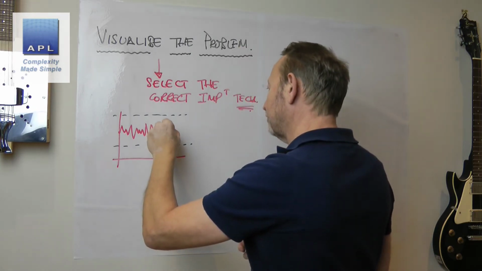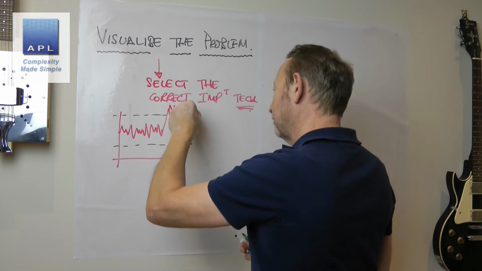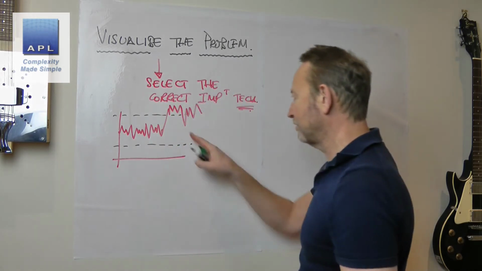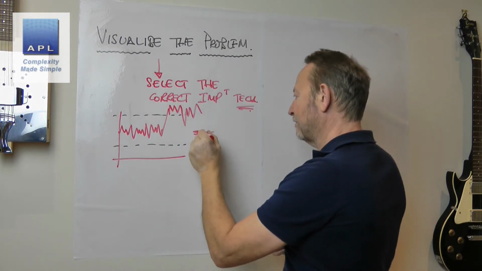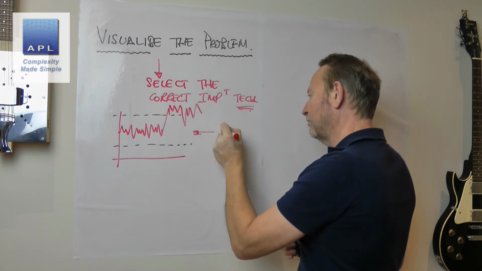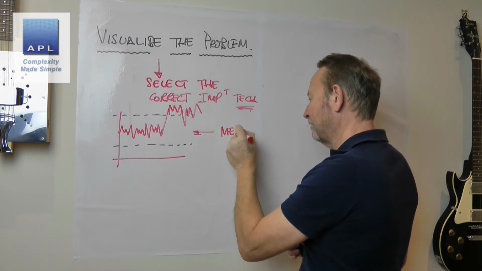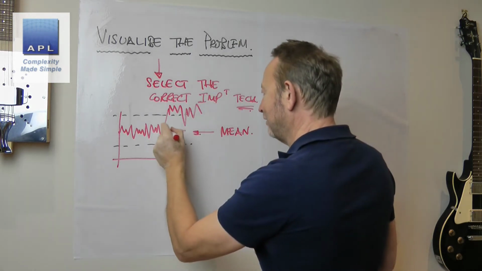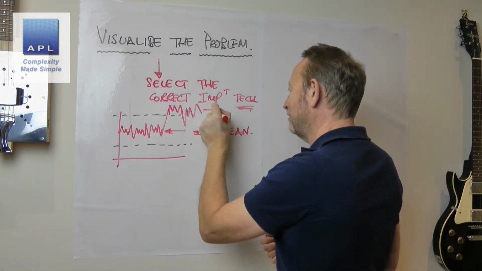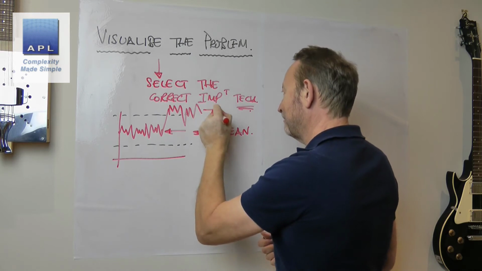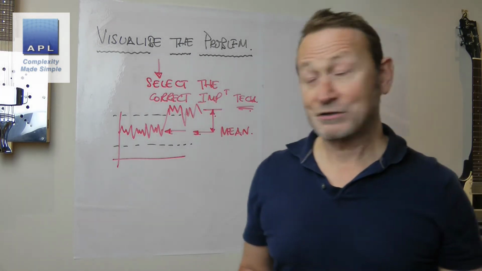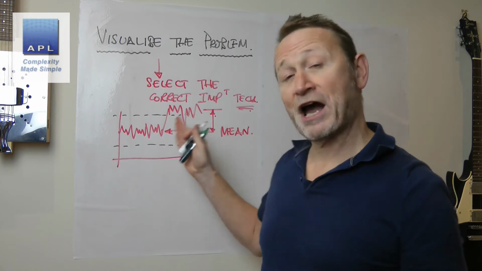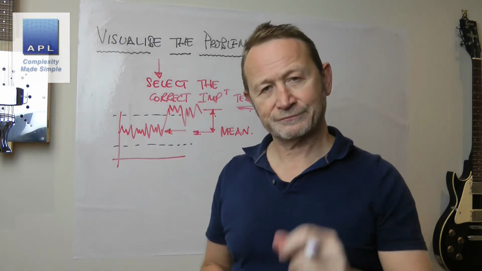And then all of a sudden, bang, it does that. This is what I would call a shift in the mean. The mean was sitting dead in the middle there, and now the mean has moved up there. So if you were looking at it on a graph, would look like that.